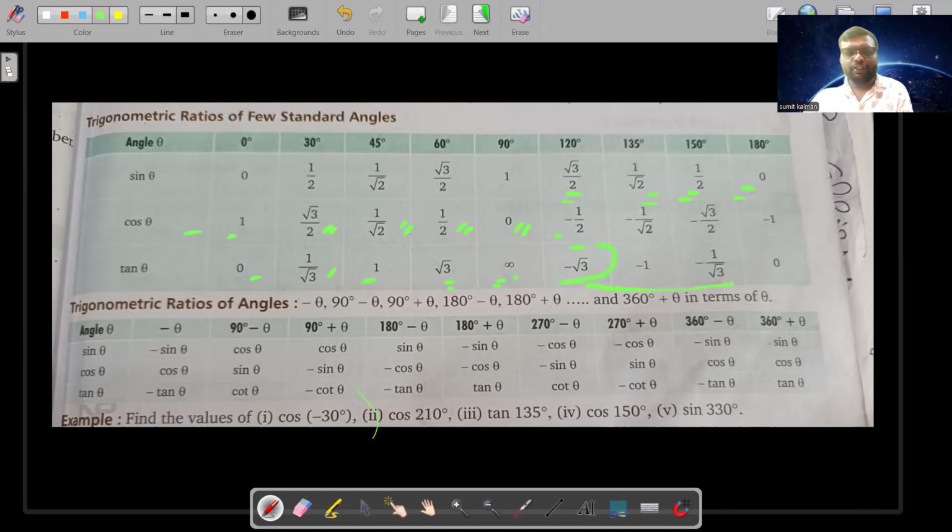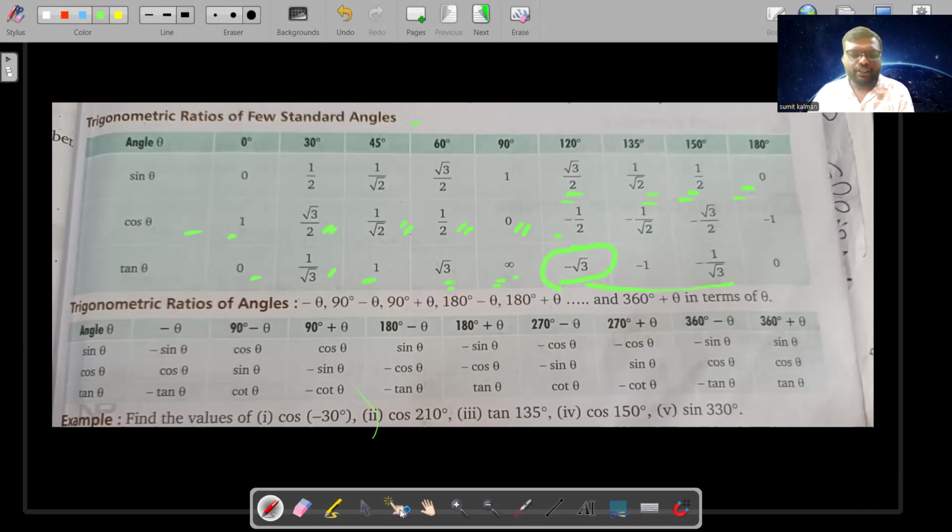Suppose you have to find the value of tan 120 degree, so just divide under root 3 by 2 upon minus 1 upon 2, then 2 and 2 will cancel out, so we will get minus under root 3, because tan theta is equal to the ratio of sine theta and cos theta.